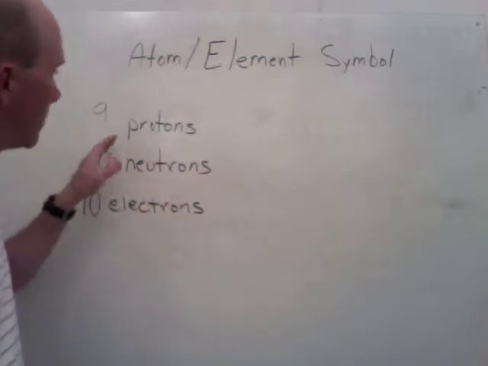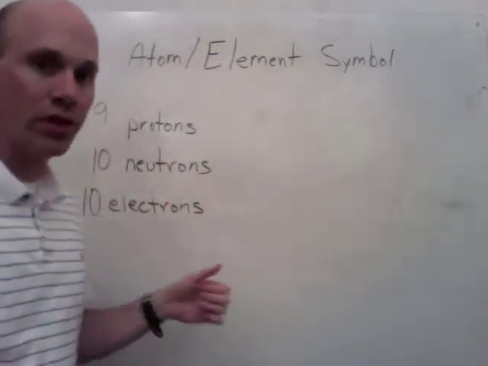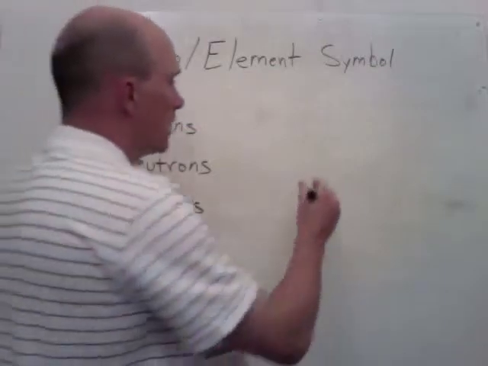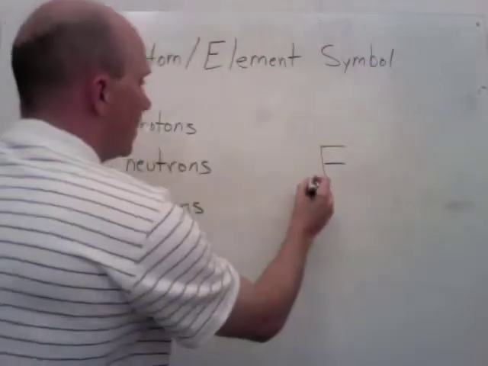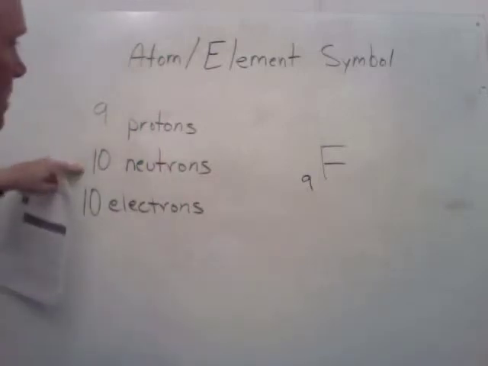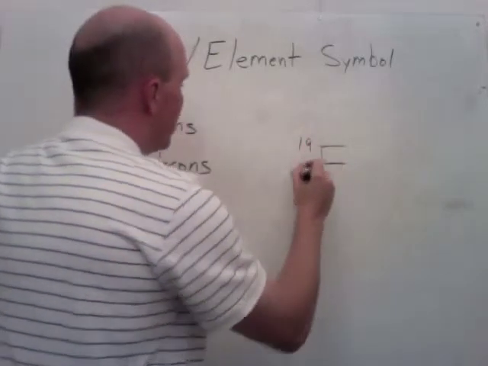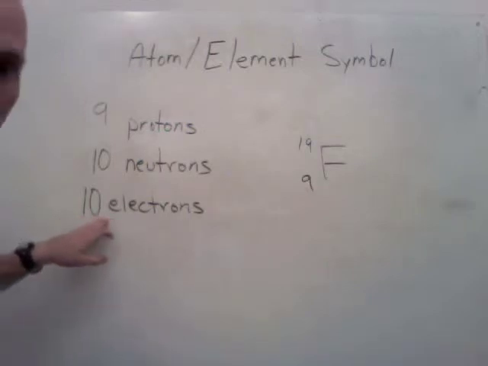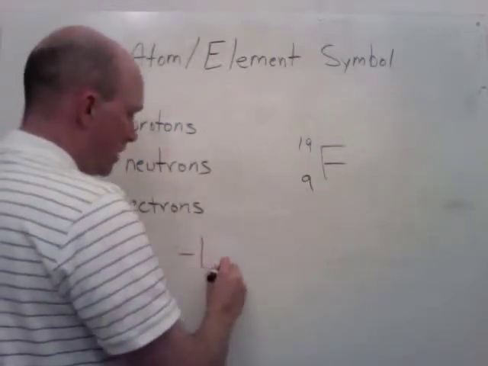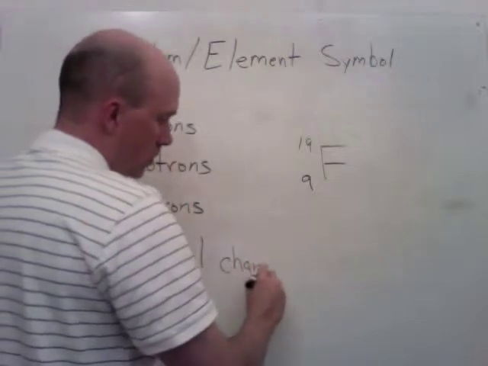And so here's an example of an atom that's got a negative 1 charge. Okay? The element is going to be fluorine because there's 9 protons. That means there's a 9 right here. The mass number is going to be 9 plus 10. That's 19. And you've got one more electron than you have protons, which means a negative 1 charge.